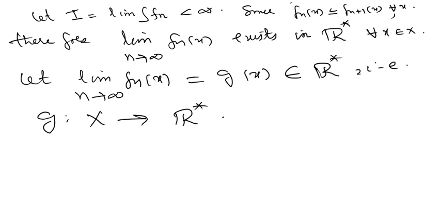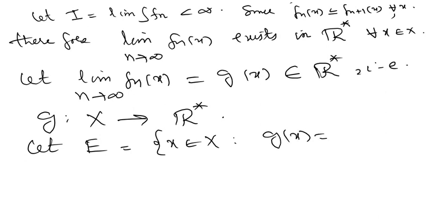And we will see that the set of the points of X where g of x is infinite, that set is a null set, okay. We will show that that's a null set. Let E be this set, the set of the points of x such that g of x, this limit, is infinity, okay.